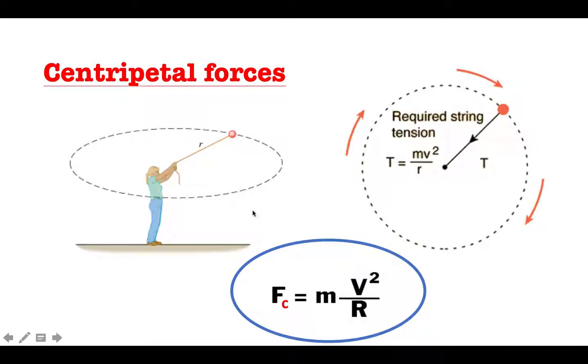We've talked about this one a bit already, and we've established that to keep this ball moving in a circular path, there has to be a tension in the string. So since we know that this is the centripetal force equation, the tension in the string will be equal to mv squared over r. That is true whenever this thing is moving in a horizontal circle.